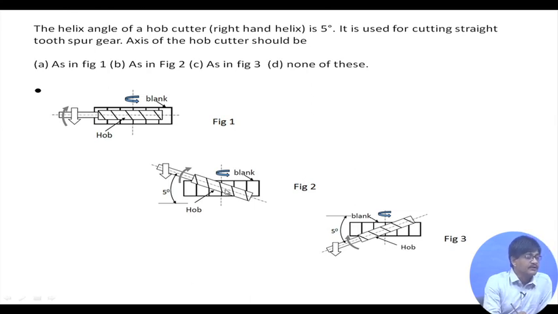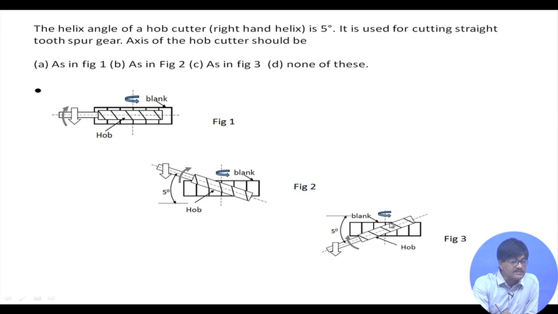Here the thread appears to be aligned with the teeth of the gear, but the problem is these are the threads that you can see, so they are away from the gear. The other side of the thread, which is facing the gear teeth, is not aligned with the gear teeth. Why? Because it's moving this way, it's crossed, it is not vertical. So this is also not correct.